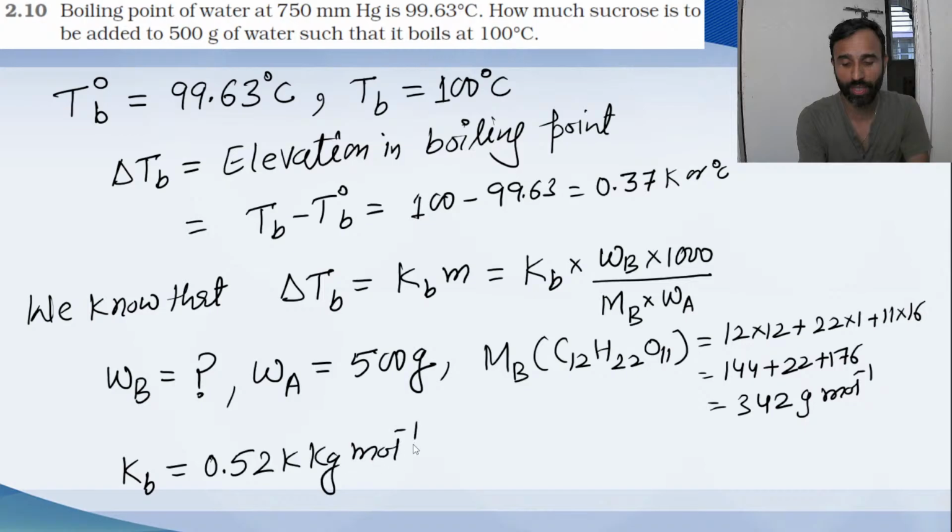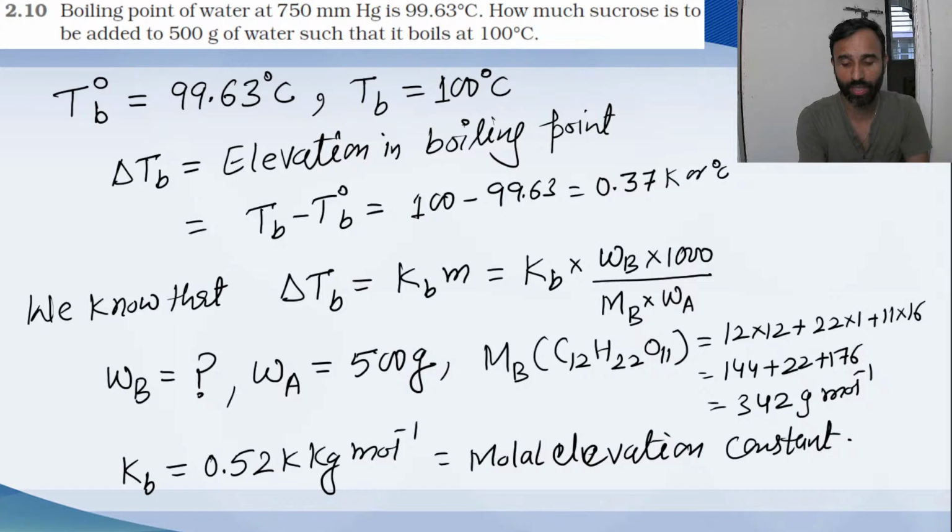It should be given to you. It is molal elevation constant. So now everything is with us except WB that we have to calculate.